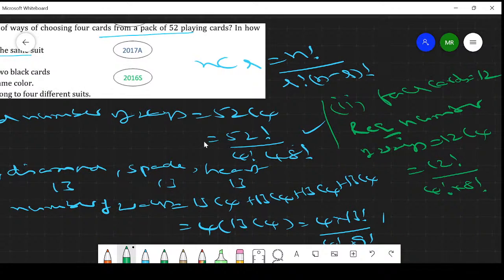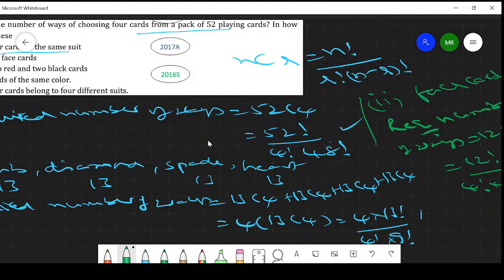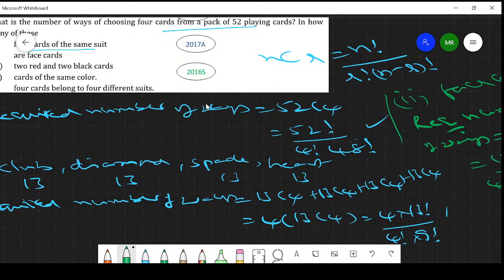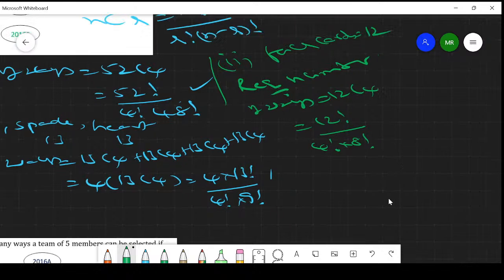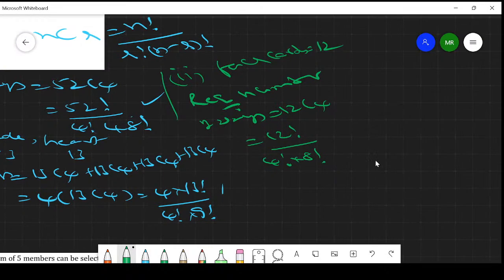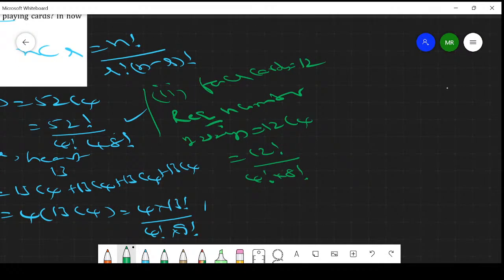And the third case, they are asking here 2 red and 2 black cards, right? 2 red and 2 black cards. See the third case, 2 red and 2 black cards they are asking.